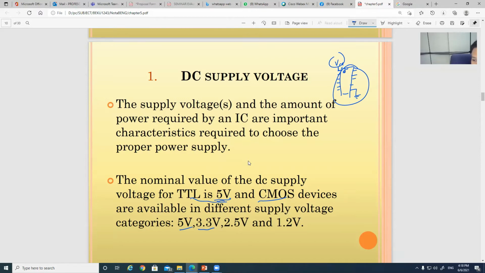That's different. For CMOS, they have a range of supply, for example 5 volts, 3.3 volts, 2.5 volts, and 1.2 volts. That is the difference between the TTL and CMOS.